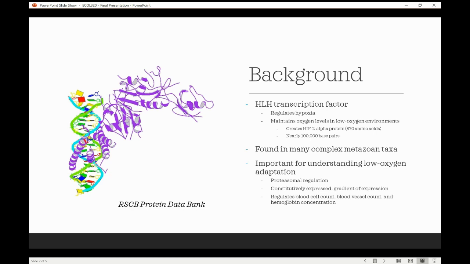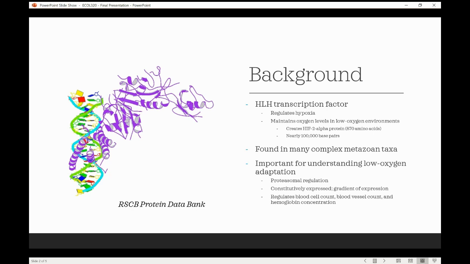EPAS1 is regulated by proteasomal degradation, where subunits of HIF, the larger protein that HIF2 alpha creates, are constitutively expressed but are degraded if in high enough concentration. And so we have this gradient of expression where in high oxygen environments we have low concentrations of HIF2 alpha and vice versa.